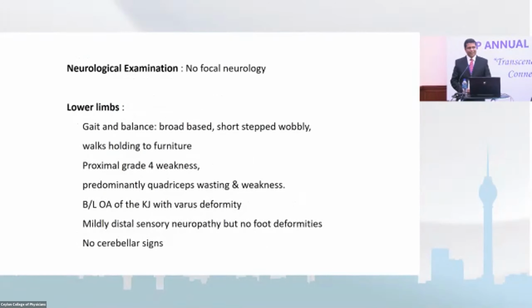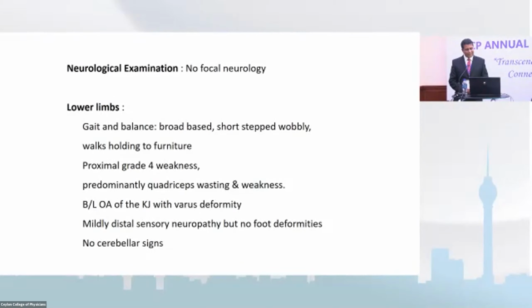Neurological examination: the cranial nerves were normal, and the upper limb and lower limb neurological examination showed no focal neurological signs and no cerebellar signs. But when I assessed her gait, she was walking with a broad base, short steps and a wobbly gait, and she walks holding on to the furniture.